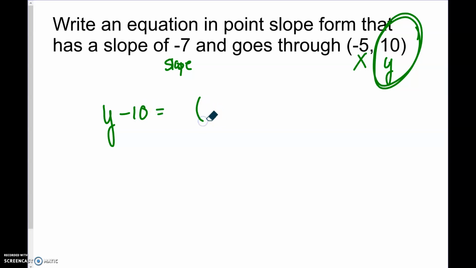And then the next blank comes your slope, which I sometimes leave blank because of paying attention to parallel and perpendicular lines. But this one, they just tell us the slope is negative 7, so we're going to fill that in. And x. Now our x value was a negative 5, and if we see a negative 5, we're going to put in a plus 5. So this is all they're asking us, is to take the numbers and write it in point-slope form.